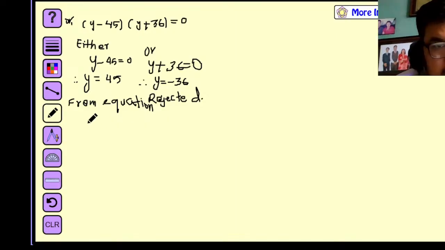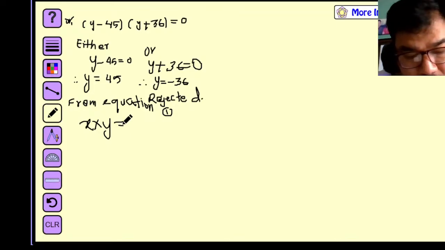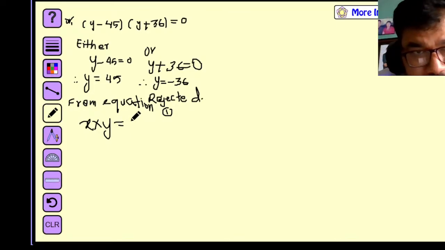From equation 1 we had x into y was 4500. Then now we can put x into the y value, which we just got as 45.